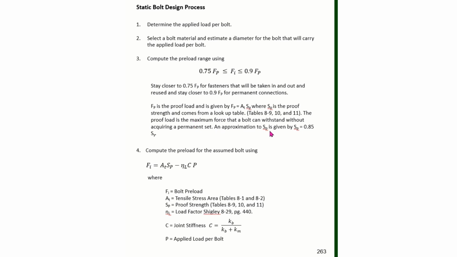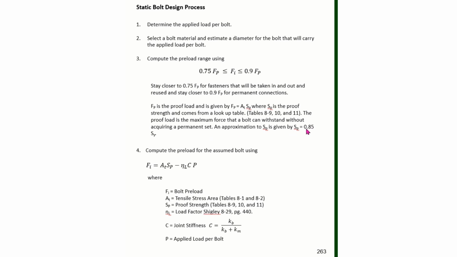An approximation to the proof strength is given by 85% of the yield strength. So you remember when we deal with yield strength, we actually have a 0.2% plastic deformation. And so we have to reduce the strength value to not have any plastic deformation.